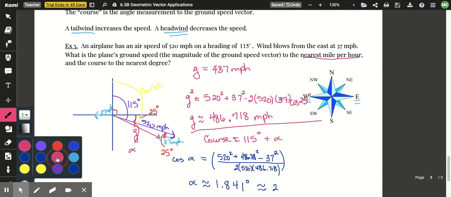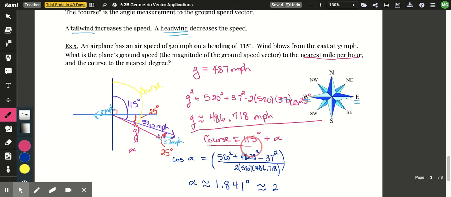Now I'll take that back up and apply it to my formula for course, because remember, we only found alpha just now. We did not find the course. Our plan for the course was 115 degrees, and then we were going to add to it whatever we had for alpha, which was 2 degrees. So my course then would be 117 degrees.